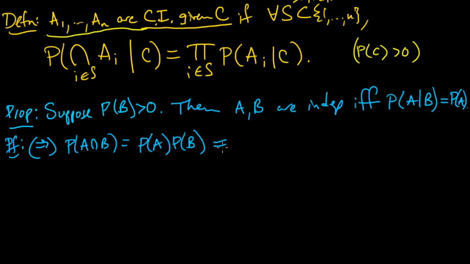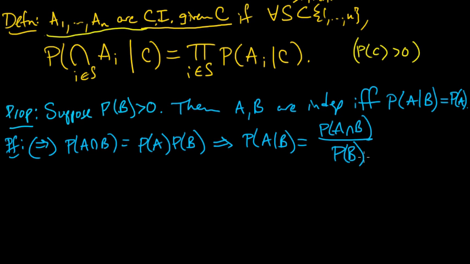And that implies, we write out what this conditional probability is, A given B equals the ratio, this factors by applying this. So we get P(A) P(B) over P(B). They cancel, and we get the probability of A. So that implies the right side.